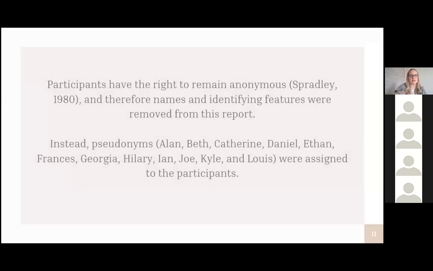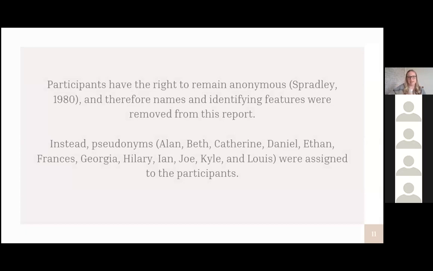Before I get started, I just wanted to share that instead of using real names of the participants, since I de-identified all of the information, I assigned pseudonyms to each participant, and they're listed there. You won't see all of the names in the presentation, but in my research thesis, you will see each individual mentioned.